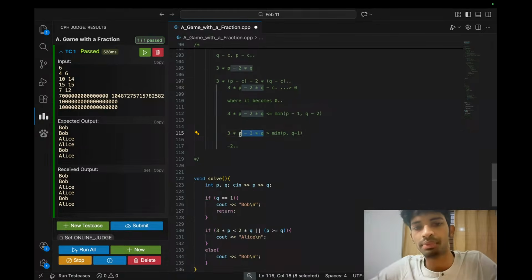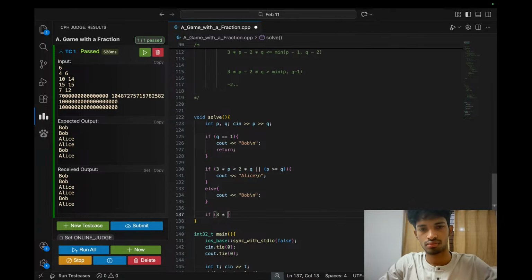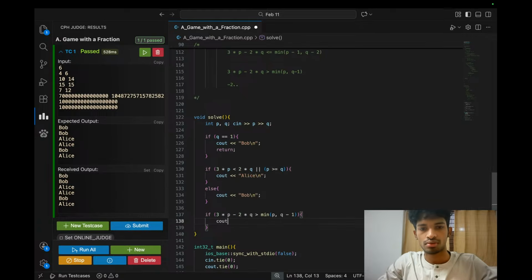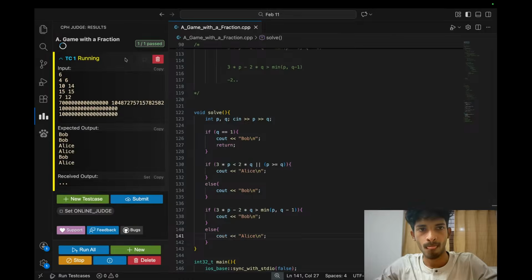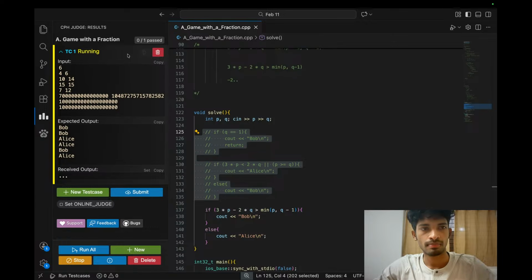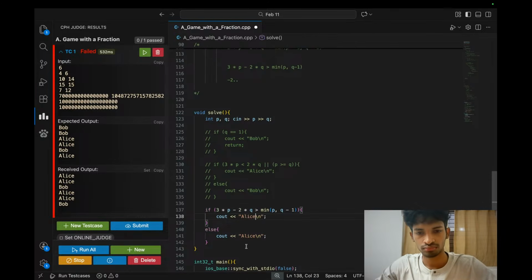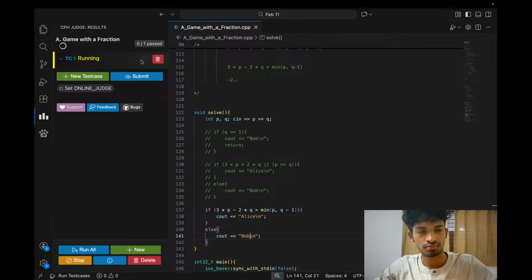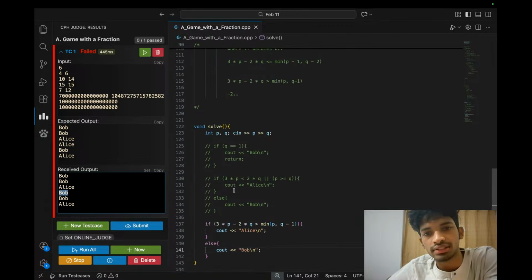But in each move, Bob's best try. Even after this, there may be a case where Alice can win.